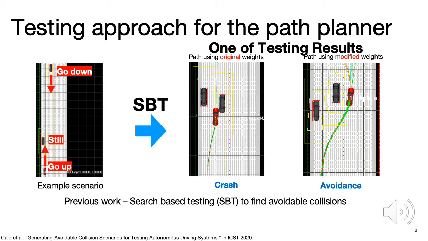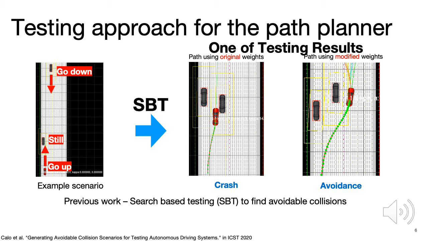In the left picture, a red car goes up with a parked car in front of it, and then a black scenario car comes down. By search-based testing, we can find many testing results. Here is one of them.